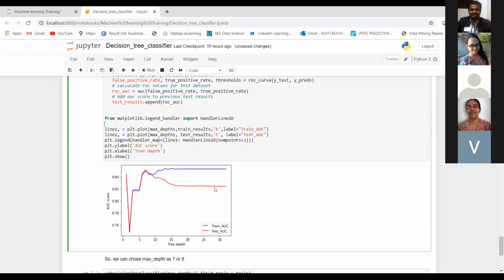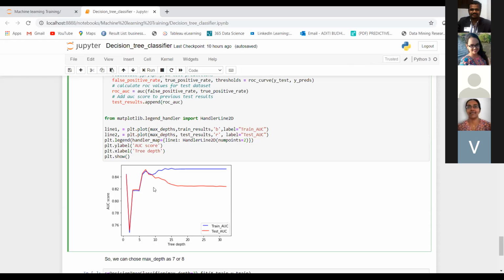Based on this graph, you can now estimate what should be my optimum value of the tree depth. Here you can see that we can choose somewhere around 7 or 8.